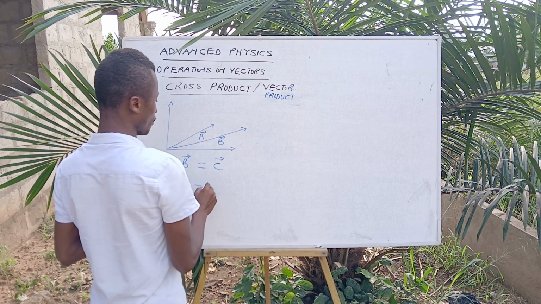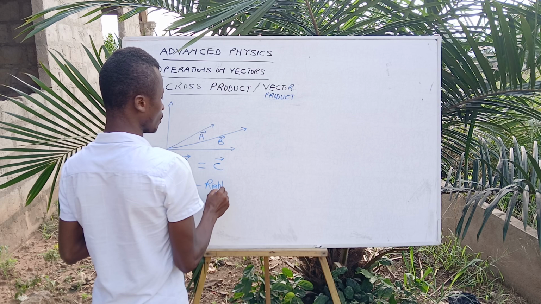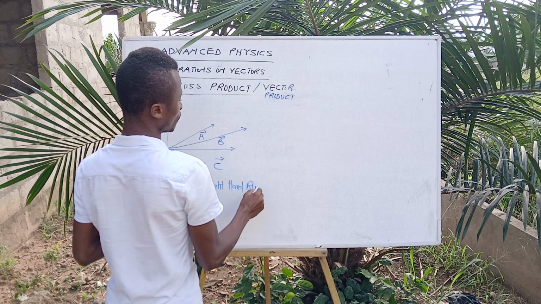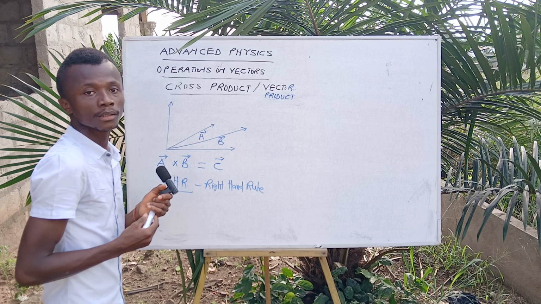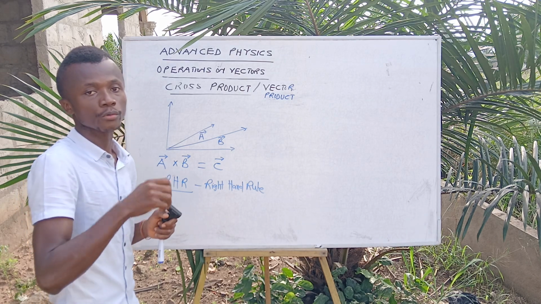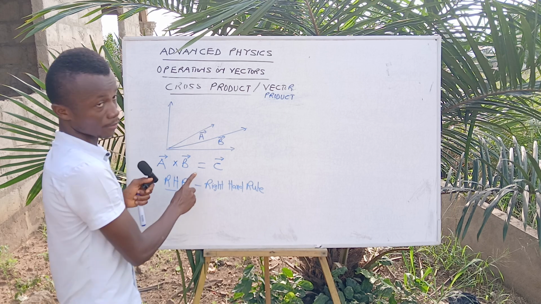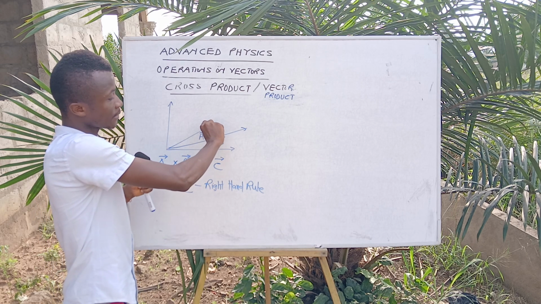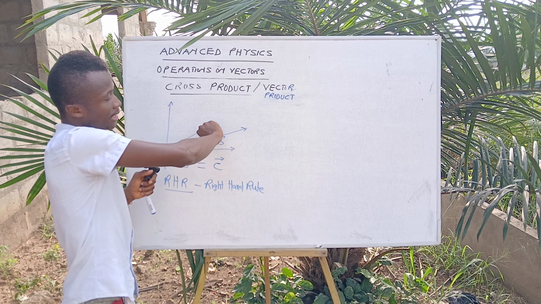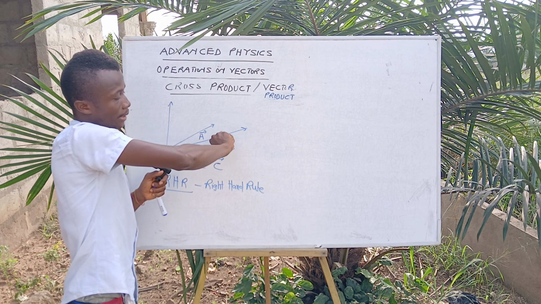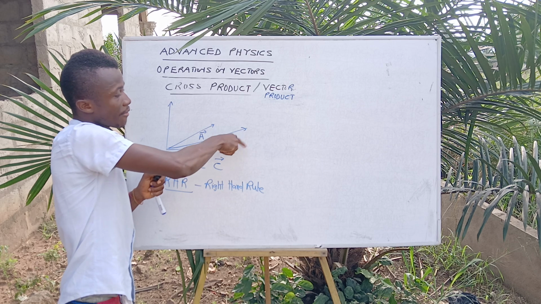Right-hand rule. The right-hand rule, or the right-hand corkscrew rule, is that A cross B. Now imagine holding this vector here as a screw, then cross B means turn it towards vector B in this direction.